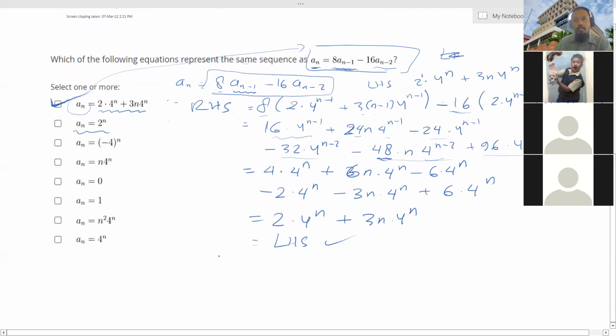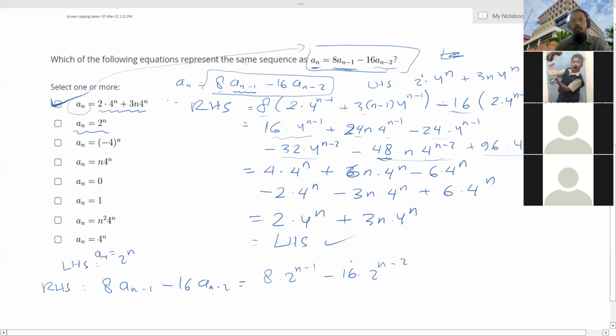Let's check this. Yeah. Let's say the left hand side has to be 2 to the power of n. Now what about the right hand side? The right hand side is of course 8 a_{n-1} minus 16 a_{n-2}, which is of course 8 times 2 to the power of n minus 1 minus 16 times 2 to the power of n minus 2.